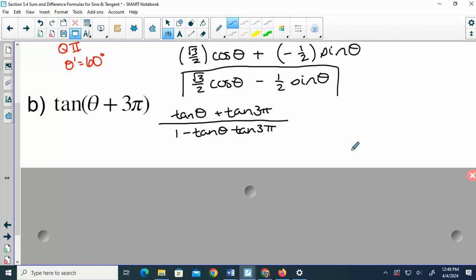Do you do anything there? Yeah, we can. 3 pi is going around 0, 1, 2, 3 pi is right here. It's the same as pi. And so what is tangent? 0.